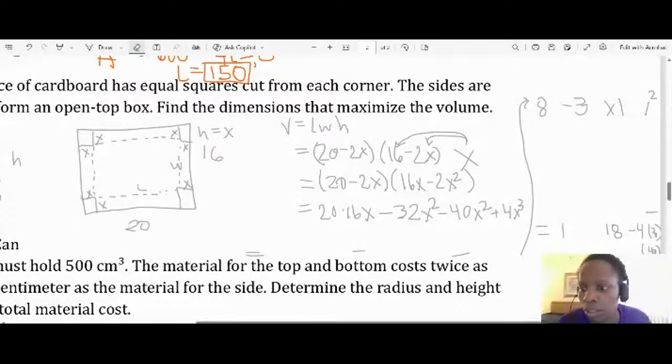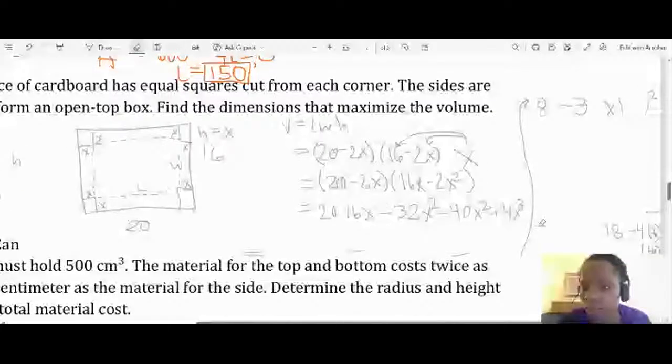Still trying to erase all the stuff. The eraser is not working well for me.